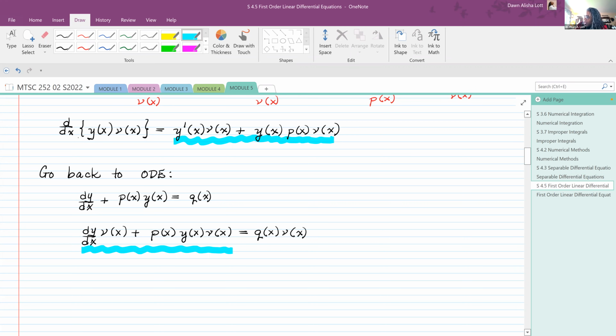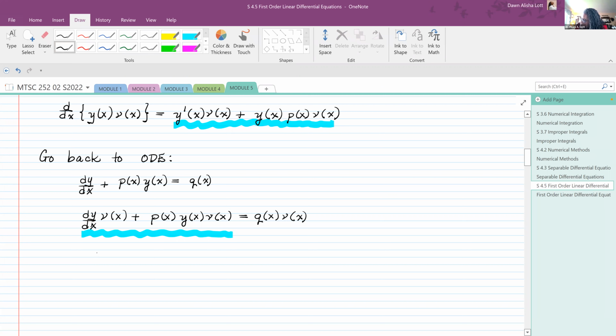is that on the left. So this just becomes the derivative with respect to x of y of x times v of x is equal to q of x times v of x.